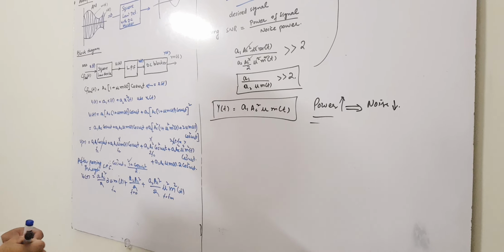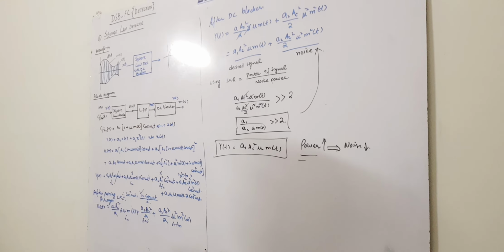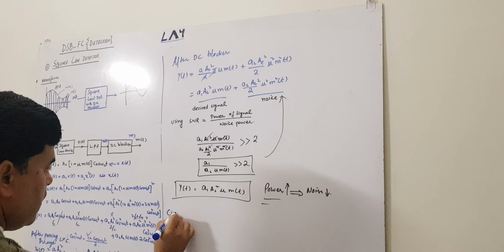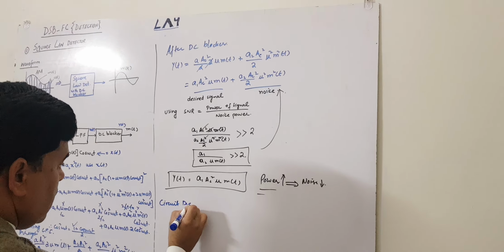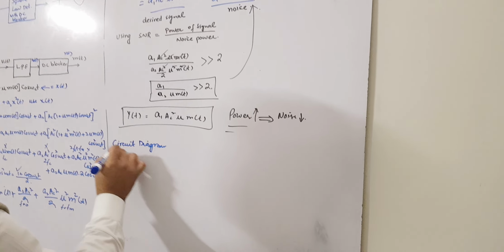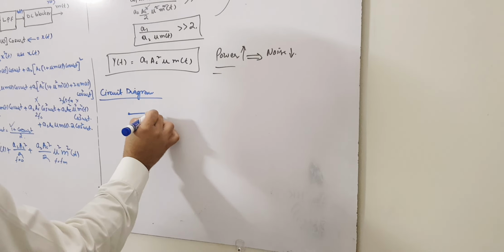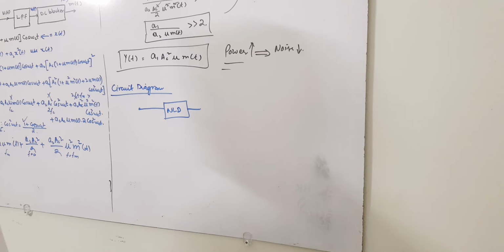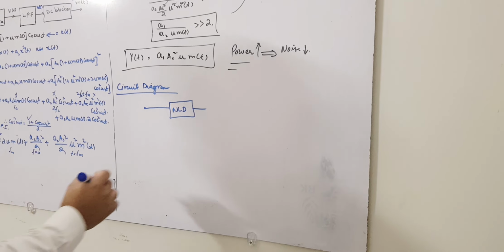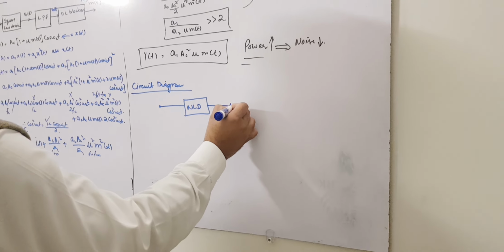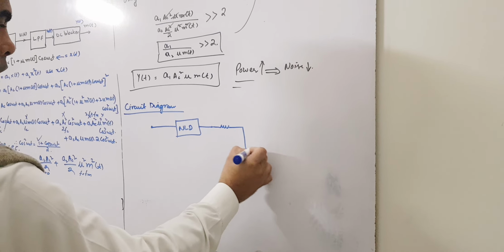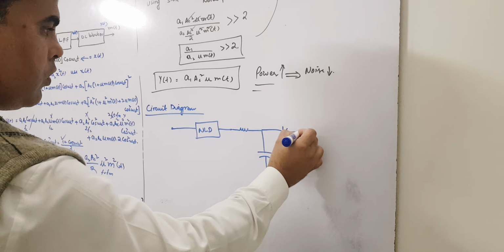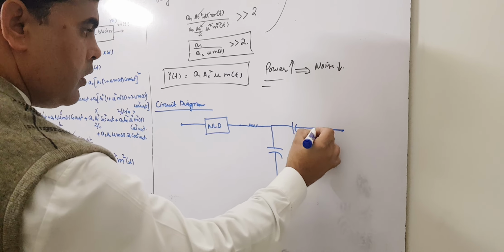So that is the detection if you use a square law device. You can use a circuit diagram if you like. The circuit diagram of the square law device is: a non-linear device, so you are giving the signal to the non-linear device, and then you are using a low pass filter, and then you are using a DC blocker.